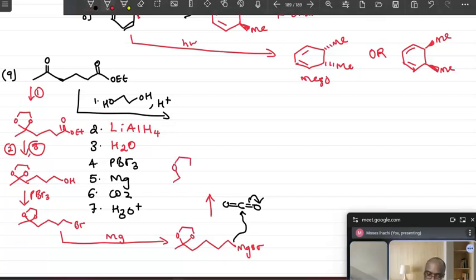If it's asked somehow in the synthesis problem, you can always use CO2 to add one carbon, especially if you are heading towards a carboxylic acid derivative. So that gives you a negative, but you know that after H3O+, it's going to be a hydrogen.